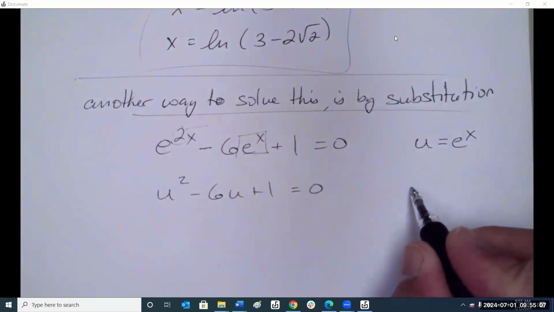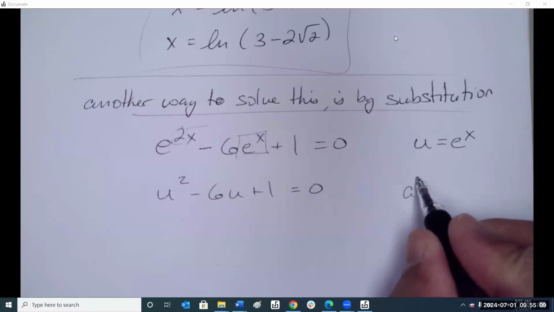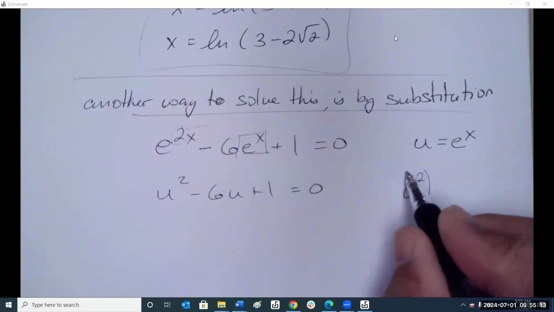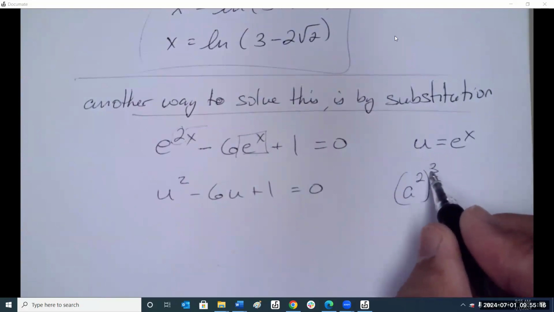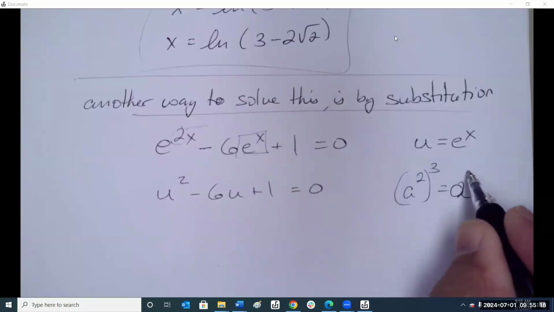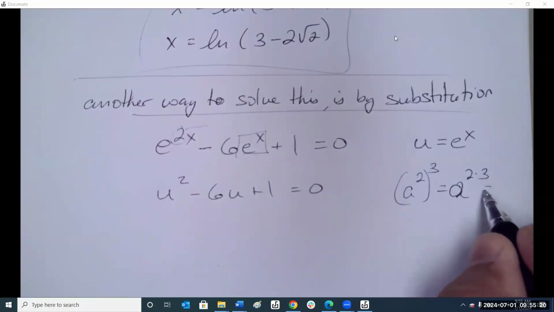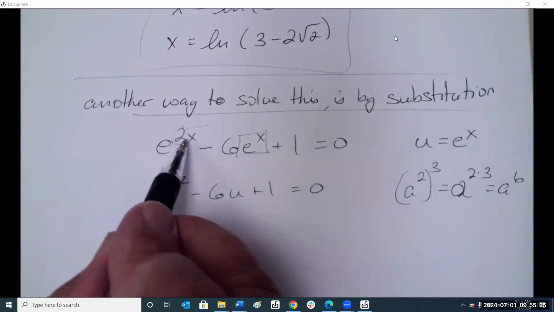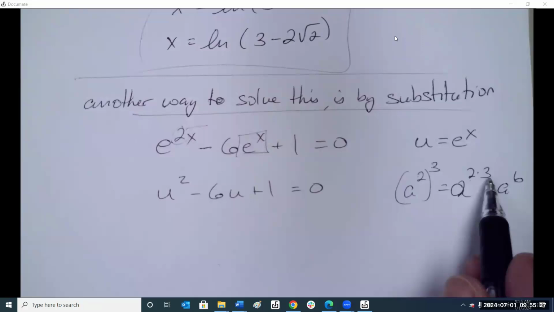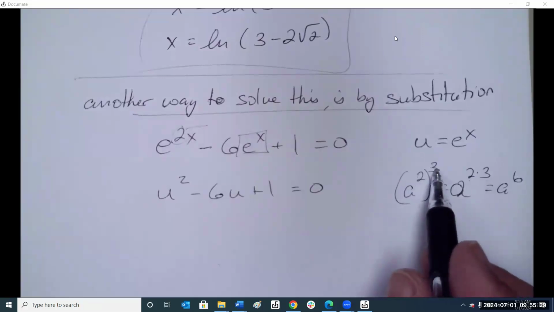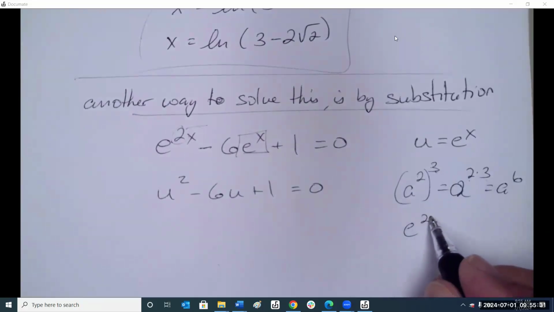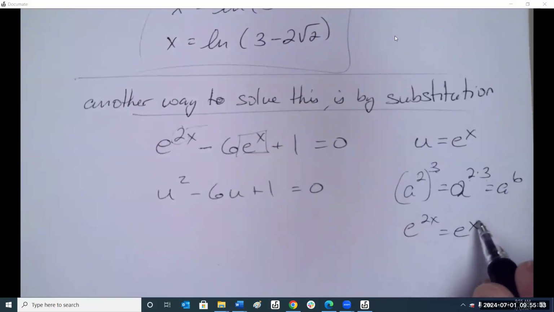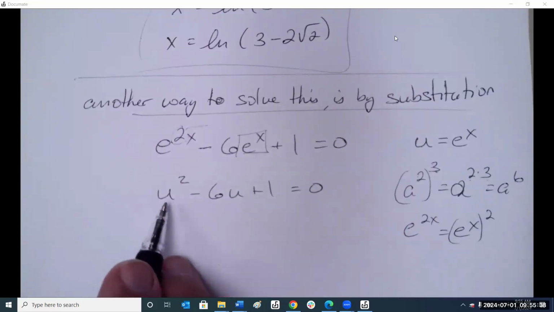There's the rule that says if you have a base and a power to a power, you multiply the exponents. Since they're multiplied, I can go backwards and make it a power to a power. e to the 2x is the same as e to the x squared, which makes it u squared.